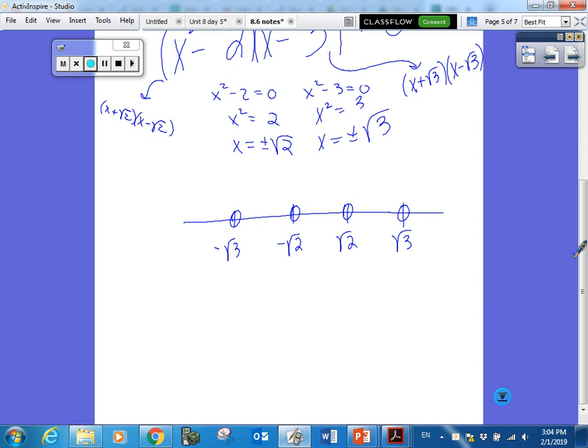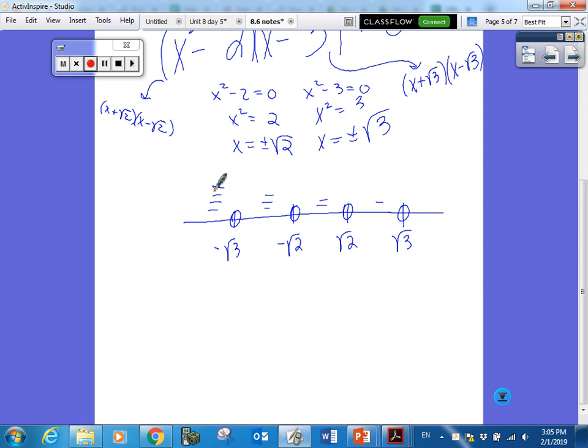Start from the left or the right, it doesn't matter. If I start from the right, I'm going to make each section negative for this factor, or root. Then I go here. I'm going to make negatives all the way to the left. Here, negative, negative. Here, negative. The reason we're not writing positives is because positives don't affect anything. Doesn't matter if you put a positive, doesn't matter how many positives are there.